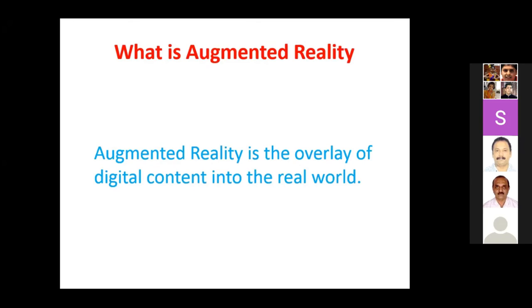Augmented reality is one technology which we initially tackled. Augmented reality is nothing but the overlay of digital content onto the real world. There is a code like a Paytm code. Using your smart mobile camera, you can scan that code and the digital content, the 3D model, will be overlaid on your smart mobile.